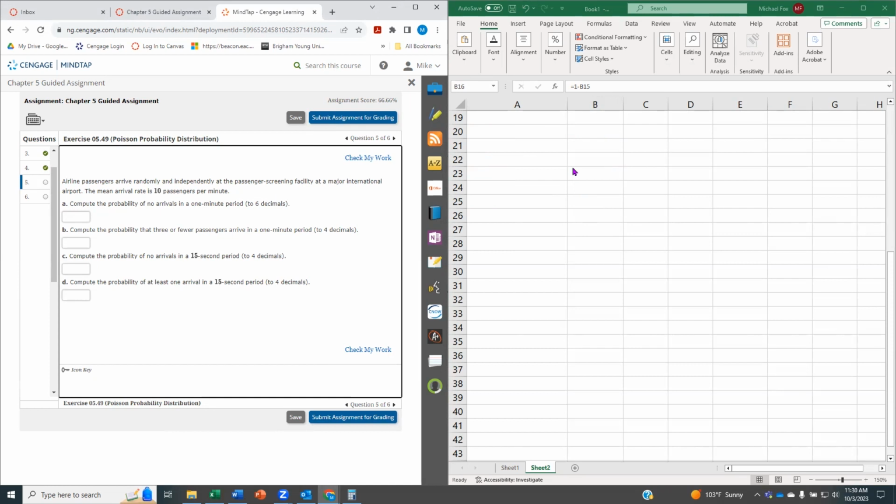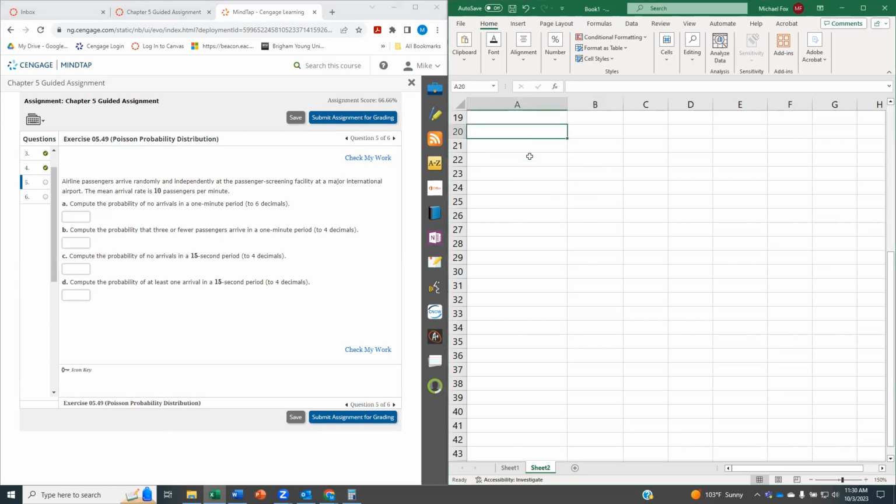Anyway, so again, when we're not sure exactly how to proceed, we can always put in the distribution function in Excel, and it will tell us the arguments or the information it needs. It needs a value of X, it needs a mean, and it needs to know whether it's cumulative or not.